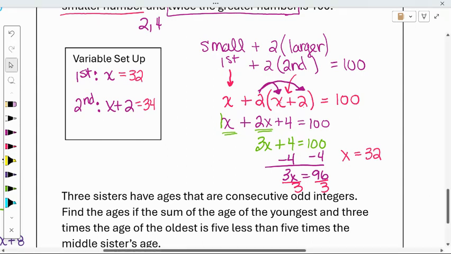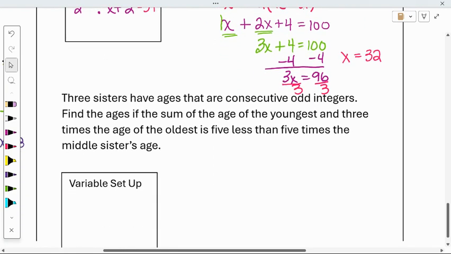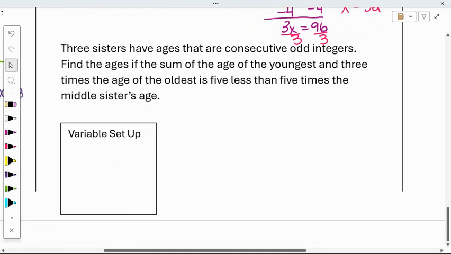Last example. 3 sisters have ages that are consecutive odd integers. So that's like maybe 3, 5, and 7, right? Those are odd ages. So let's define our variables. First, second, and third.